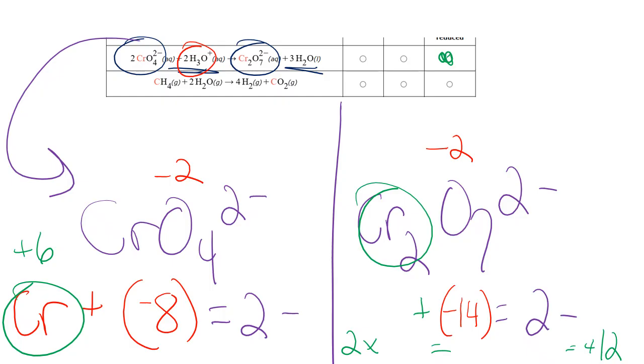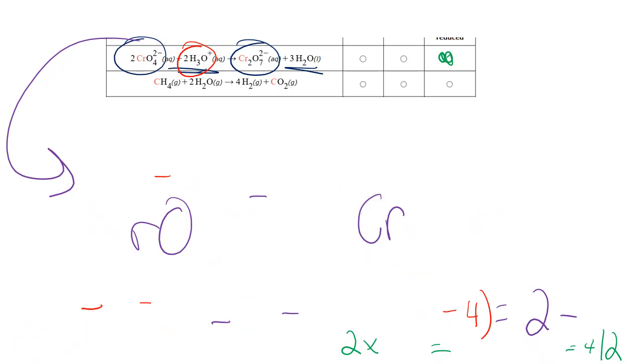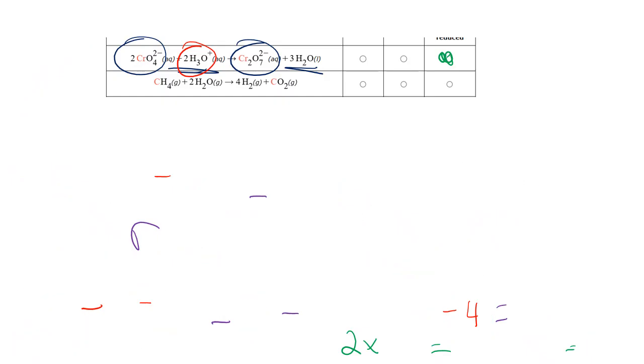Oxygen's minus 2, so that's negative 8. So chromium has to be a plus 6. Product side, negative 2, negative 14. Overall is a minus 2, is 2 chromiums plus 6. So that's neither. That's a good question in the sense that it's neither oxidation or reduction. But if you can figure out the oxidation numbers for that, you know you're in good shape.